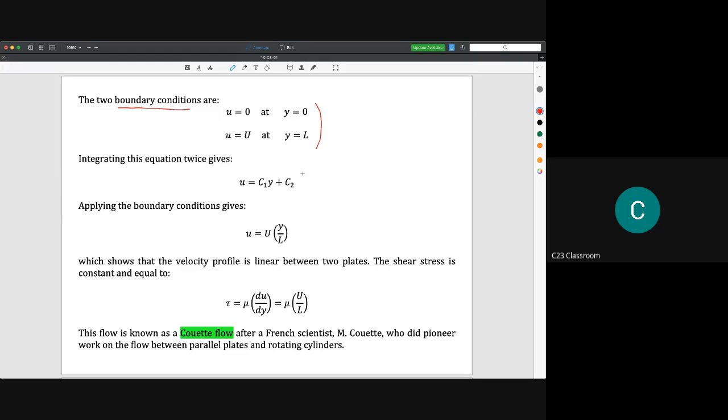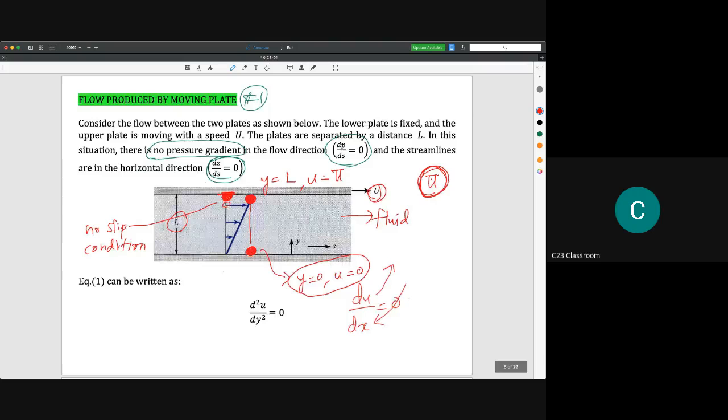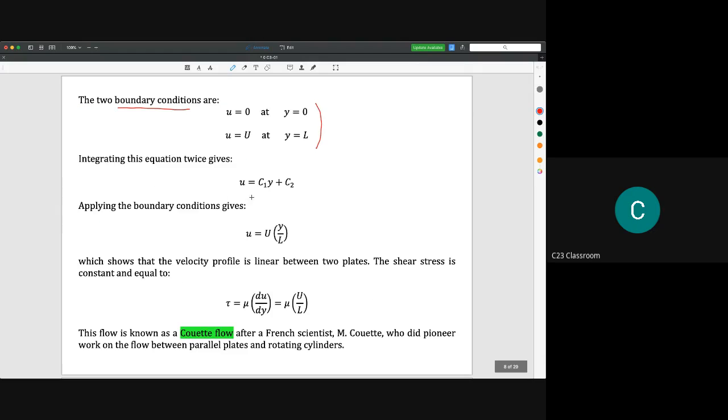We do the simultaneous solution, which could get that small u. Small u here means the velocity for each molecule here. Okay, and the capital U is the velocity of the plate. It also reflects the highest velocity here. So you could get u is equal to capital U y over L.